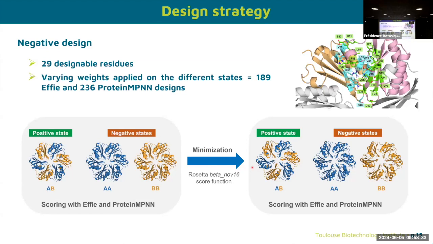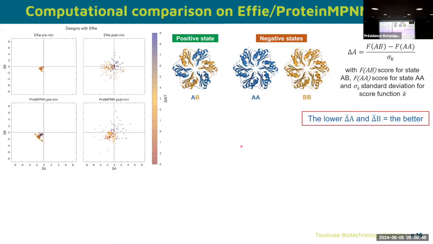In order to determine if the solution could answer our design problem, we computed the difference between the score of the positive state and the score of each negative state, which we call delta A and delta B. The lower the score difference, the better the answer to our design problem, because the AB state is more stable than the negative state.